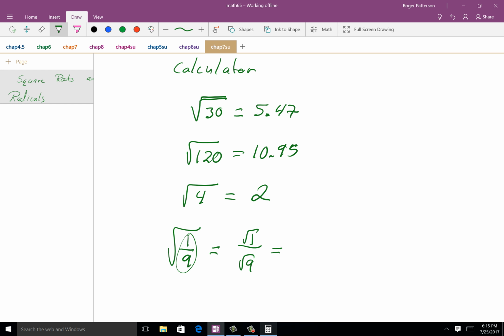Either way, you're going to get 1 over 3, because the square root of 1 is 1, the square root of 9 is 3. So you can either think of it this way, or you can just think of it as the whole thing. Whatever makes it easy for you, it doesn't really matter. But you're going to get 1/3. And you wouldn't have to write this, of course. Just think about it that way.